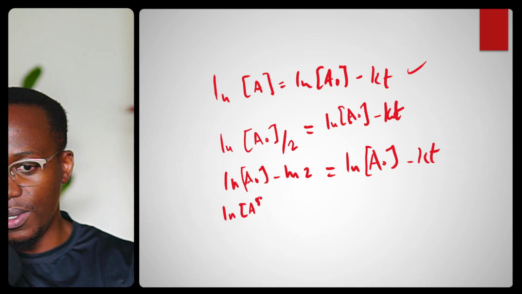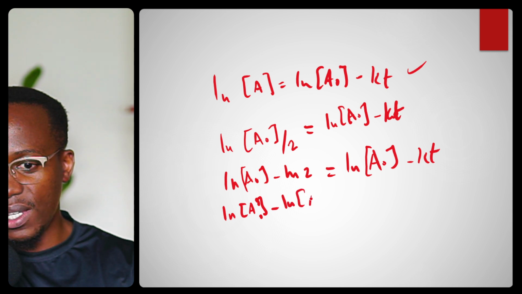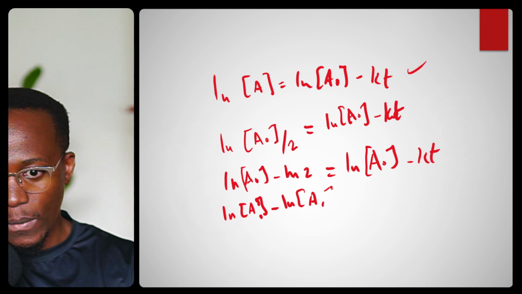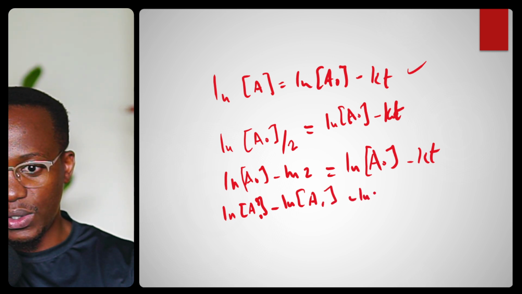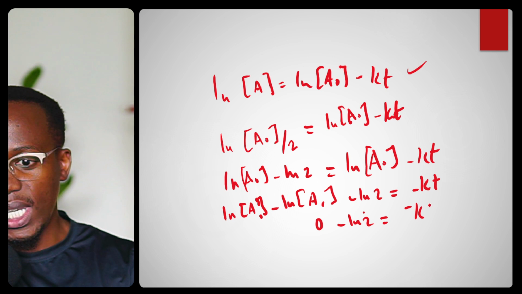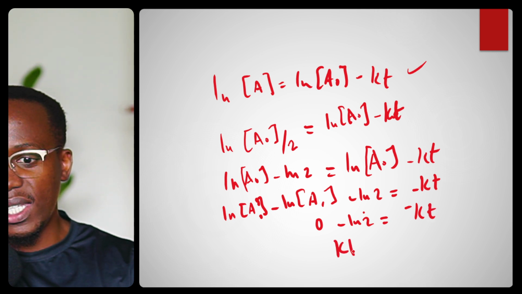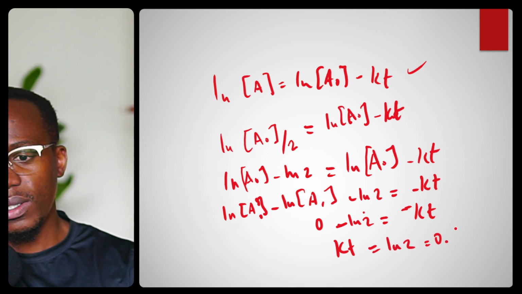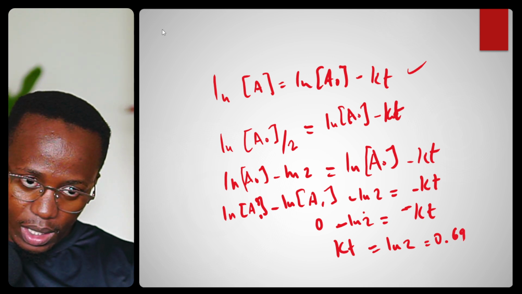Ln of A0 minus ln of A0 is 0, so 0 minus ln of 2 is equal to minus kt, which tells us that kt, removing the negatives, is equal to ln of 2, which is 0.69 or something, 93, something like that.